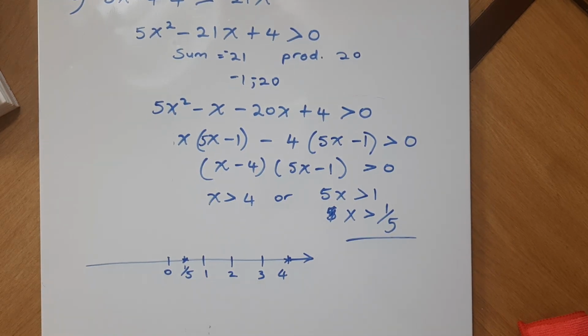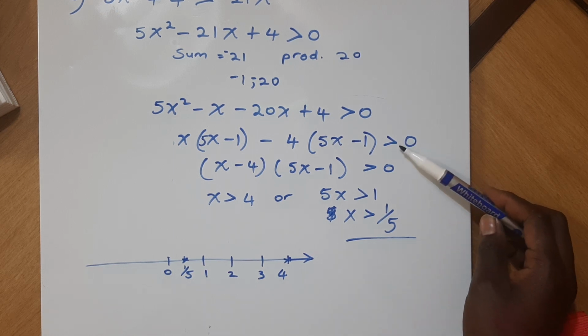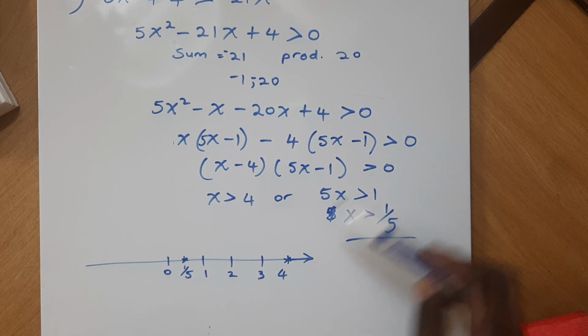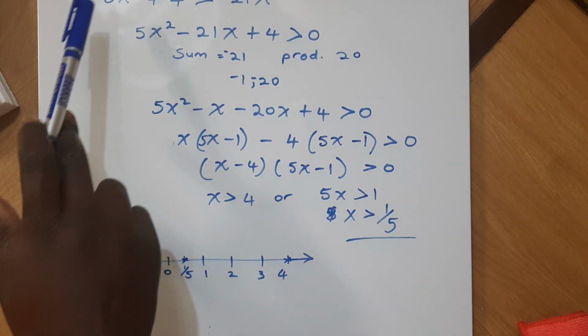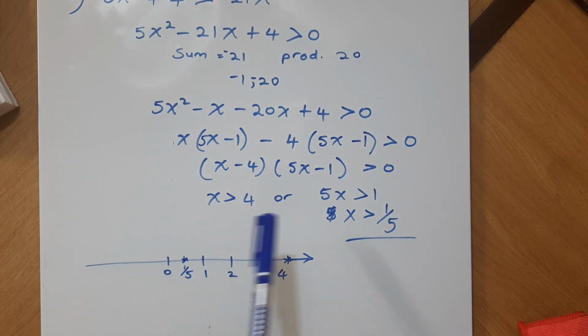And now we want to know the solution for when the function is greater than 0. Okay. So since we investigate, we substitute for a number greater than 1/5 into our equation, and for a number greater than 4 into our equation.